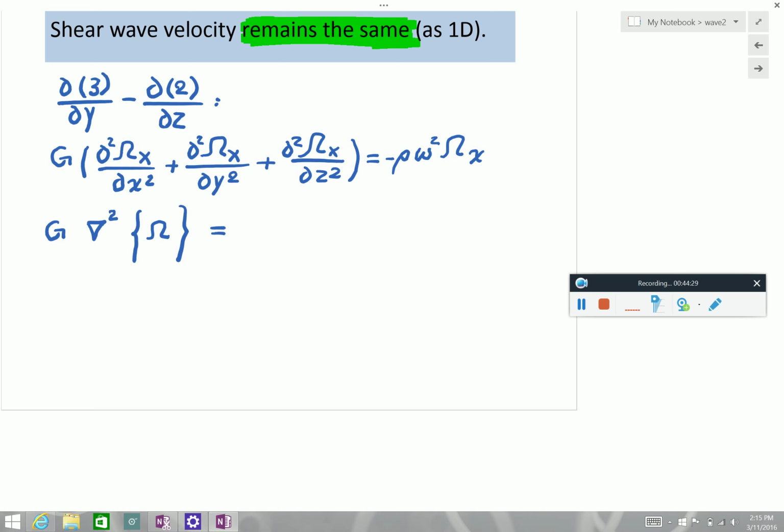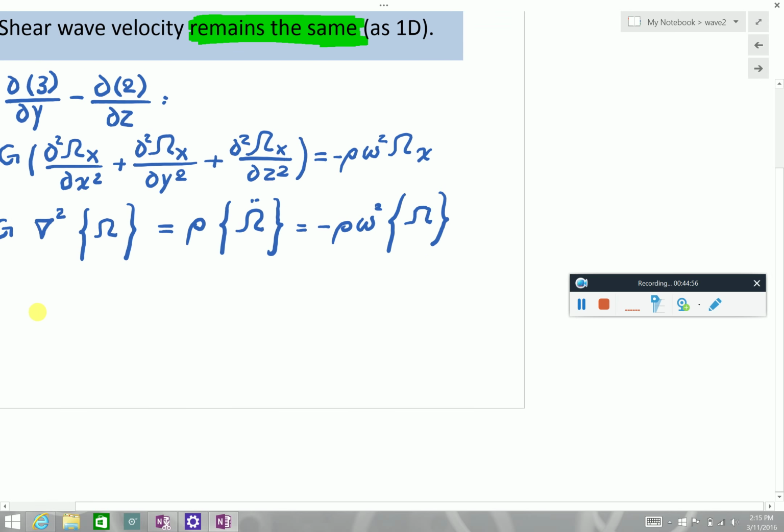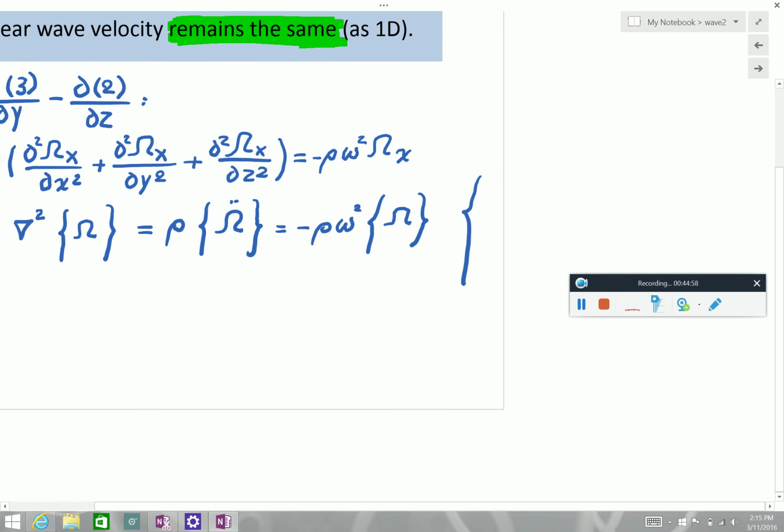This would be equal to rho times the double dot, which we can write as negative rho omega squared, so this is a vector of omega x, y, and z.